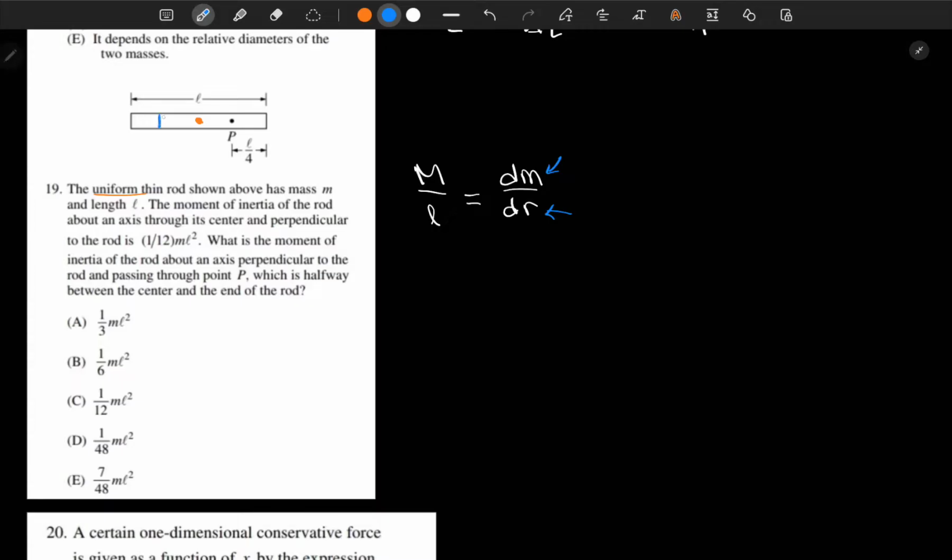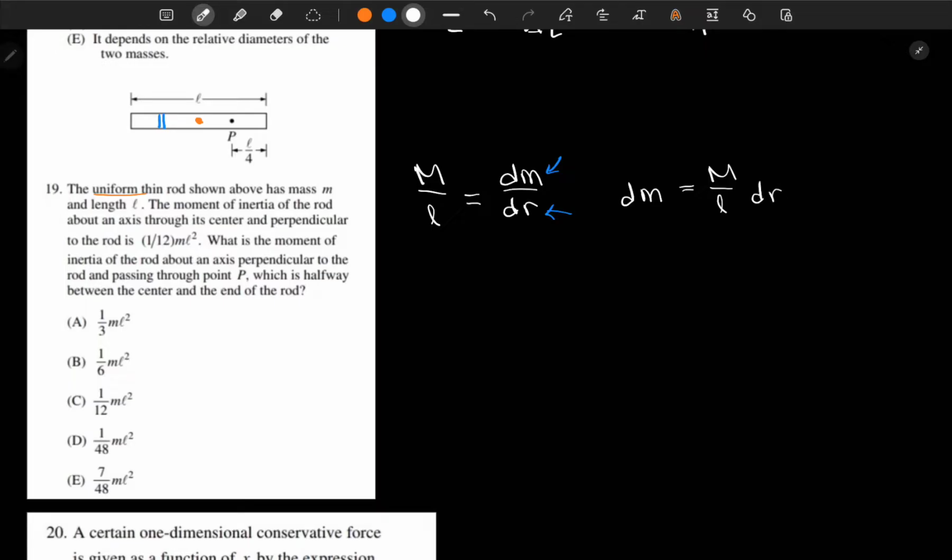So it's given by this very thin sliver here that I've just drawn. Then, solving for dm, we find that dm is equal to m over L dr.